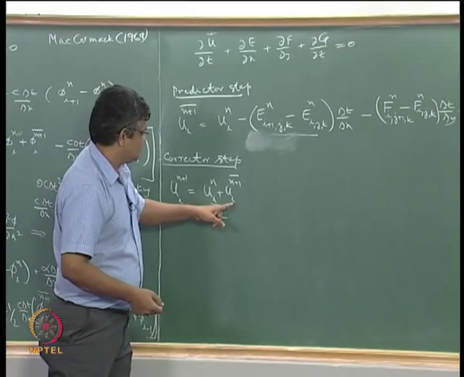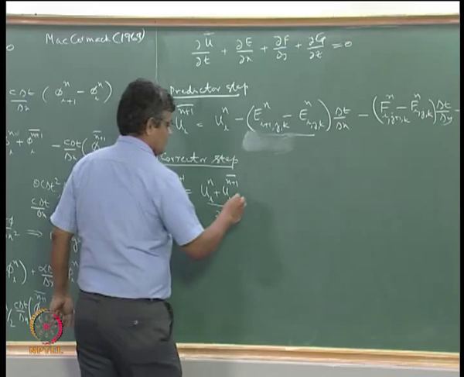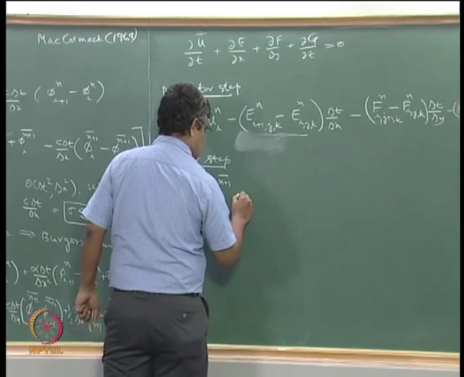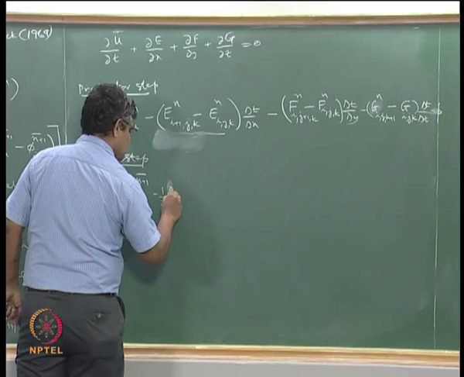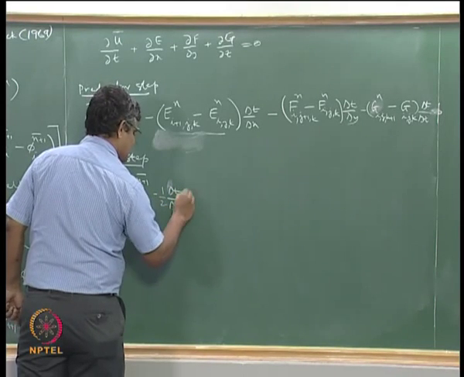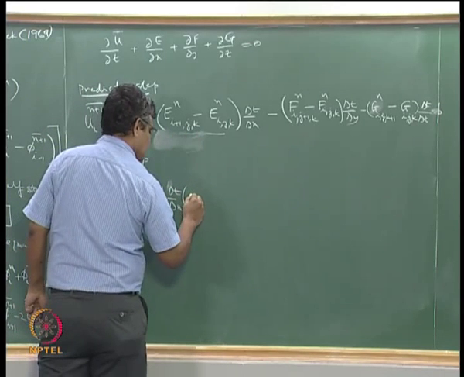We note that this Ui n plus 1 bar is evaluated for all of them, and now we have minus half delta t by delta x of this term evaluated using backward differencing.